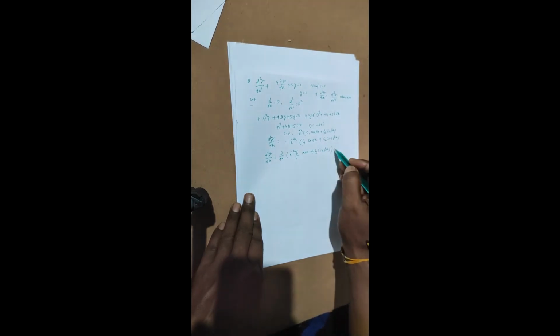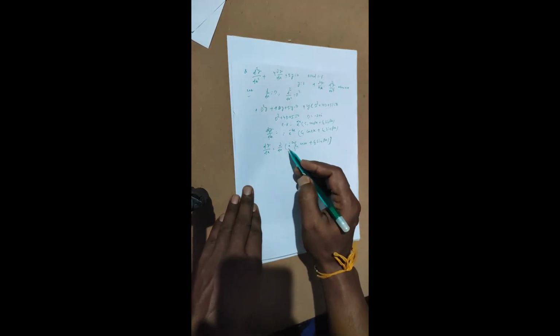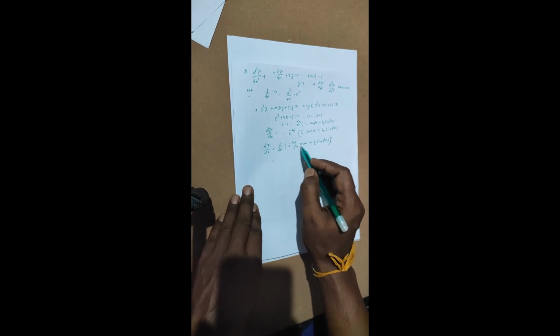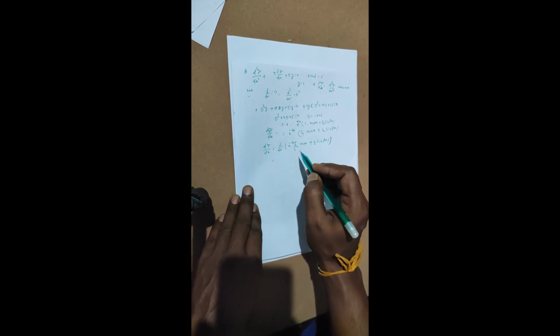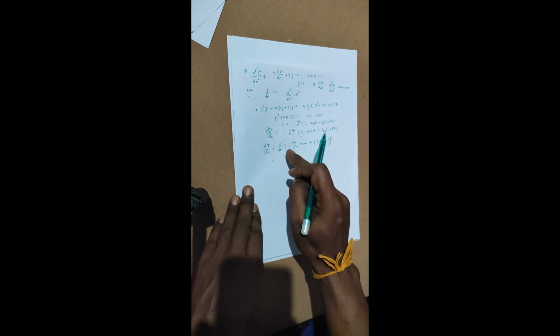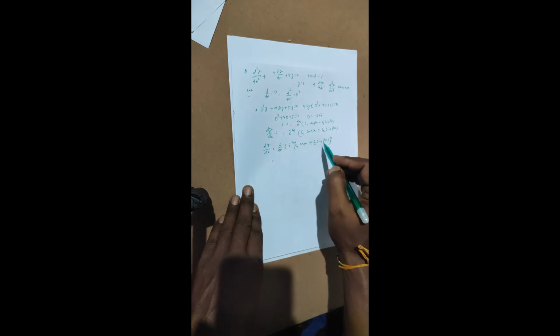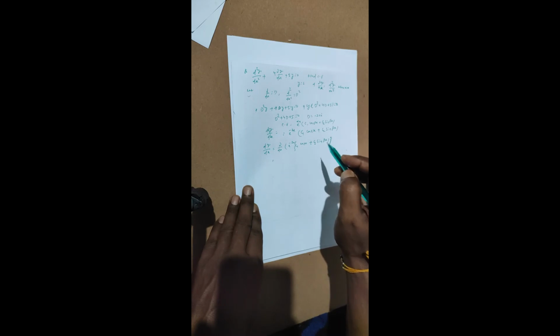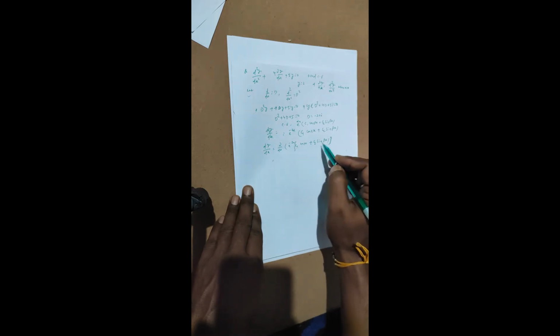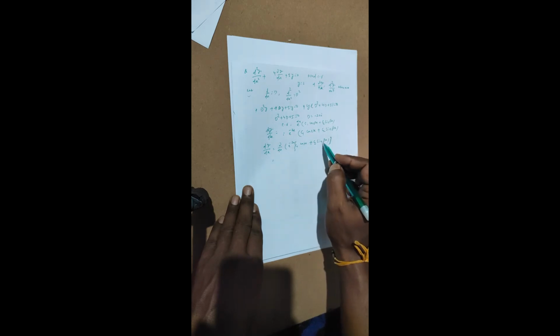The constant c1 is taken outside, and e to the minus 2x cos x is a product, so we use the product derivative formula: derivative of one term times the other as constant, plus the derivative of the other term times the first as constant. I already have a derivative formula video, and you can check out that link. The same applies to e to the minus 2x sin bx.